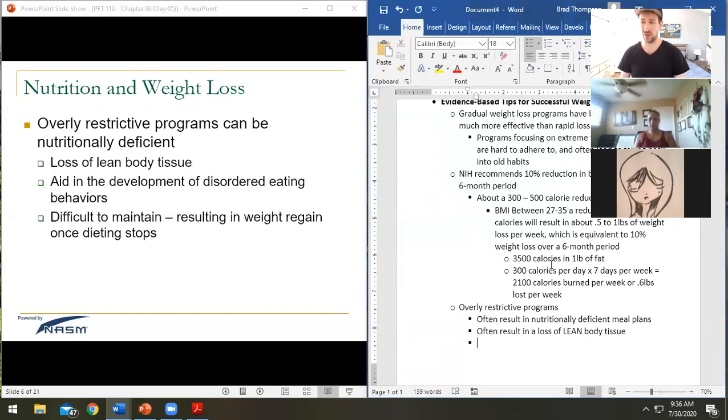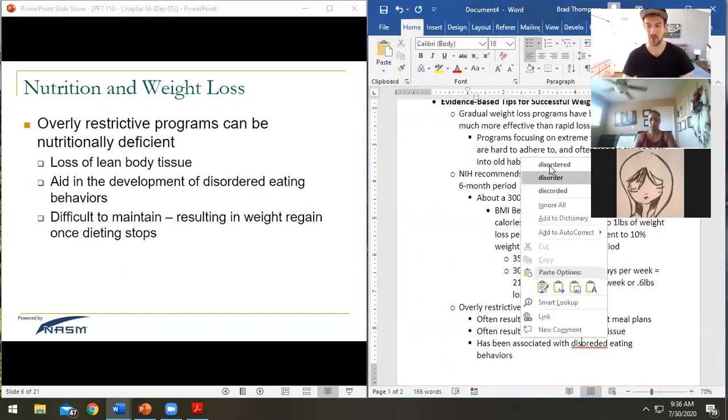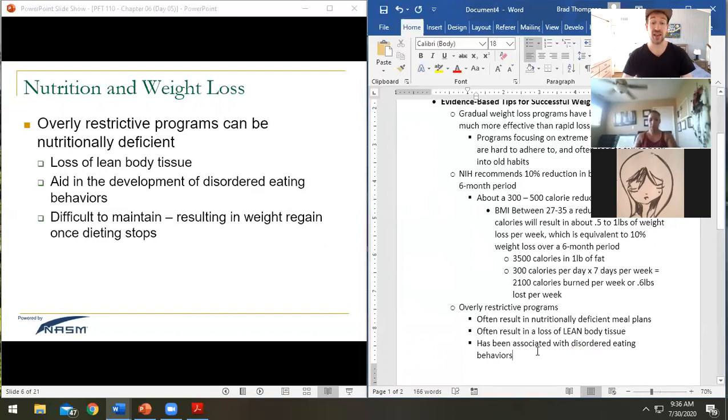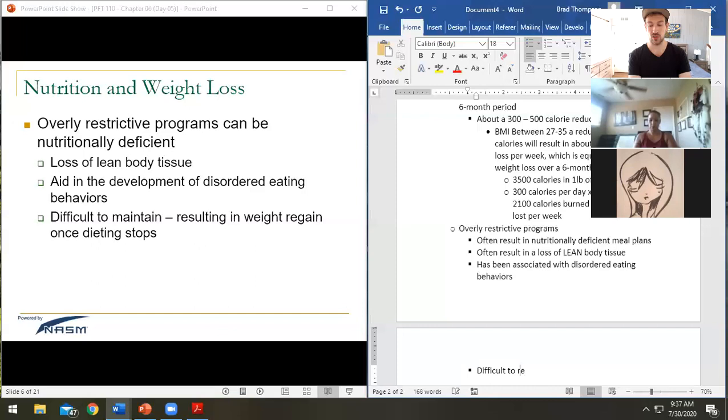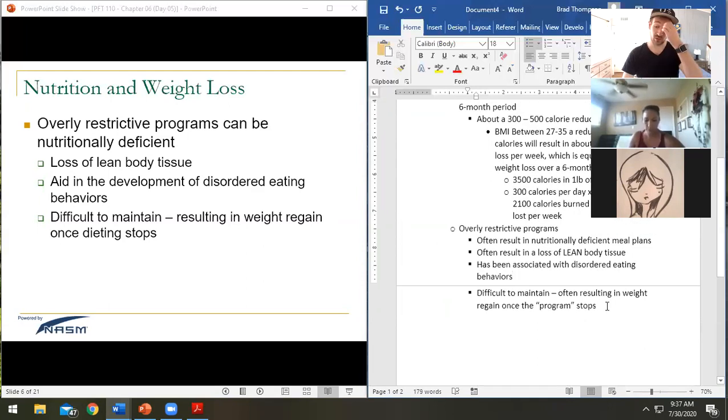It's also very dangerous for your brain. It has been associated with disordered eating behaviors, becoming obsessive about how you consume food, which is not great, right? And the biggest thing is they are difficult to maintain, often resulting in weight regain once the program stops. And this is why I don't like restrictive programs.